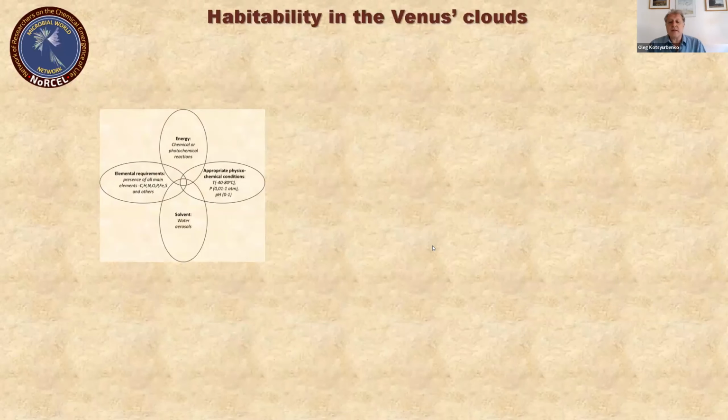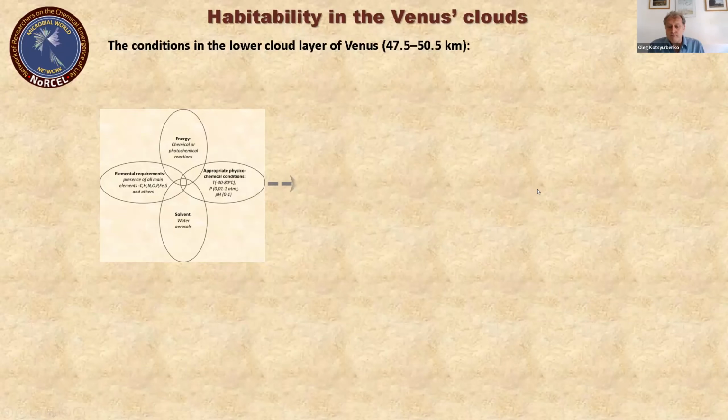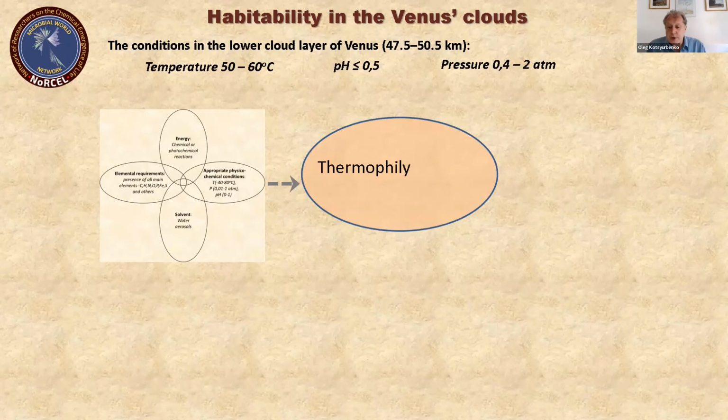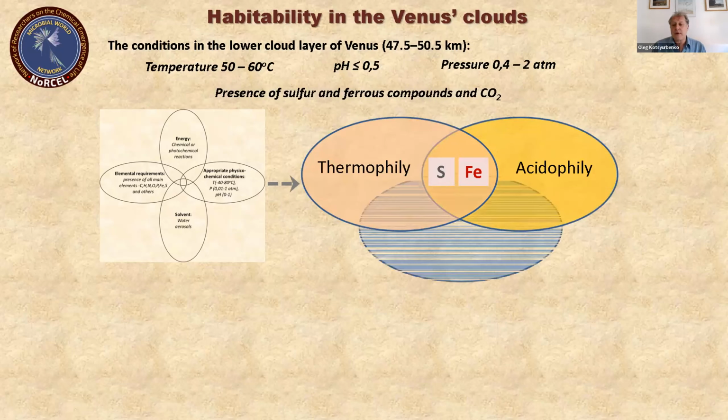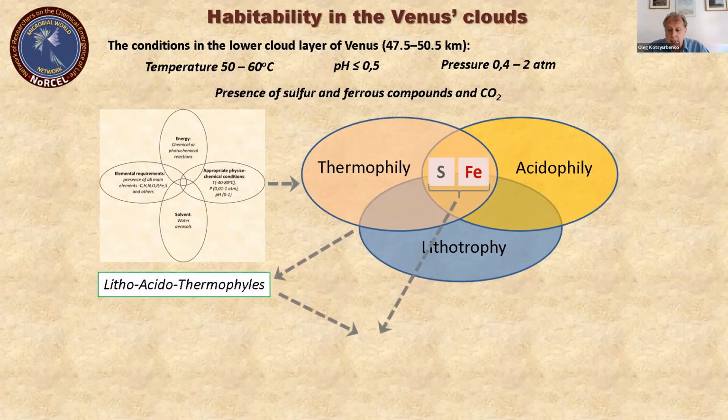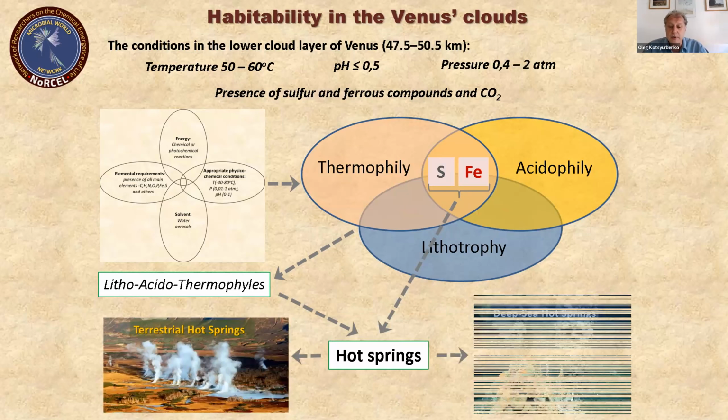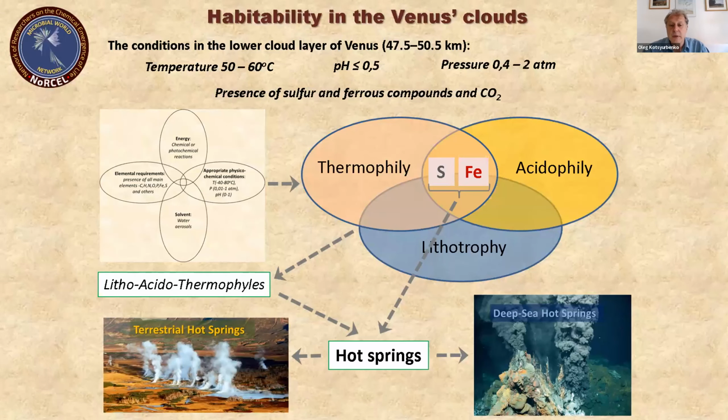Applying this concept, we can define the dominant type of life as thermophilic due to temperature, acidophilic due to low pH, and also lithotrophic based on the chemical composition of the environment. All this gives us the opportunity to identify microbial communities of hot hydrothermal springs as a metabolic analog of hypothetical microorganisms in Venusian clouds.